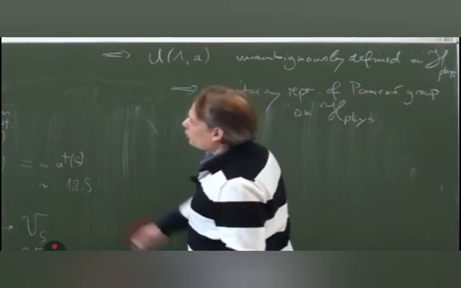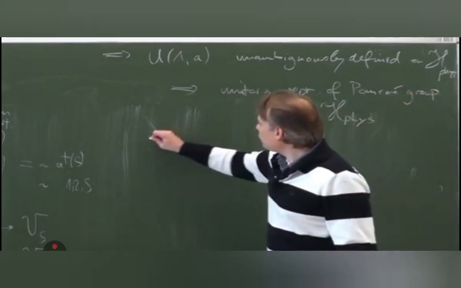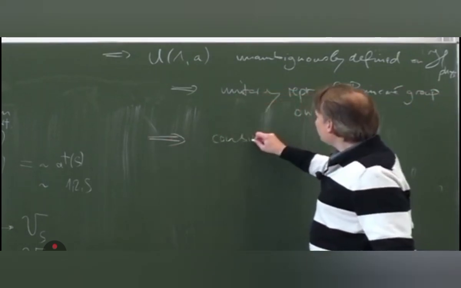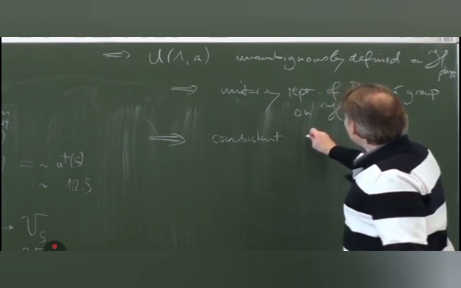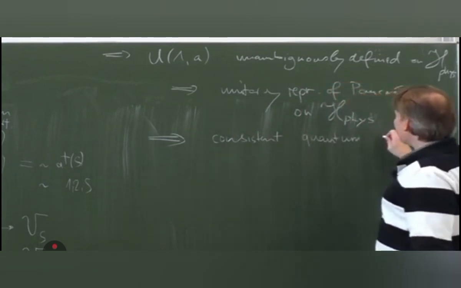And so we have a scalar product, positive definiteness, unitary representation of Poincaré, and taken together, that really means that we have now a fully consistent quantum theory of spin 1 massless particles.